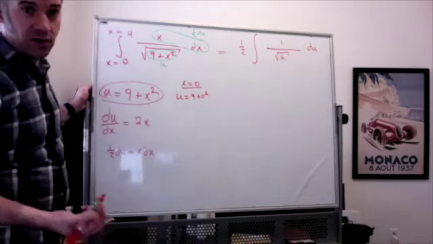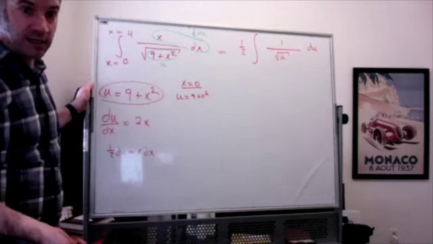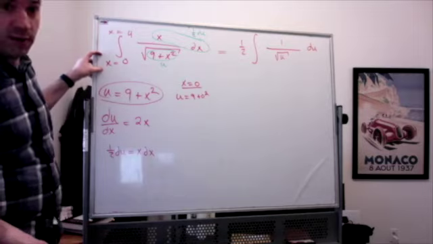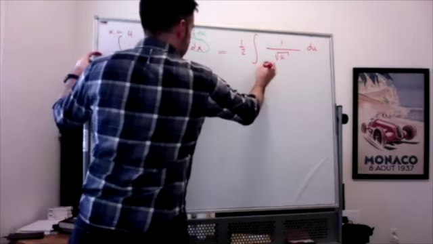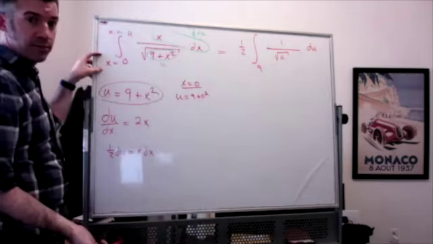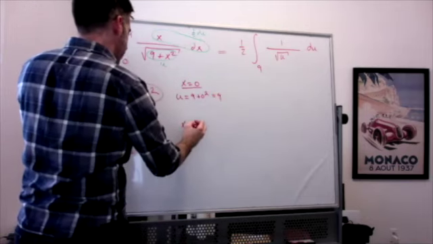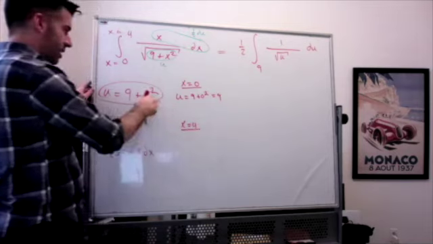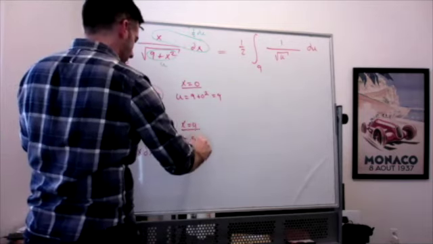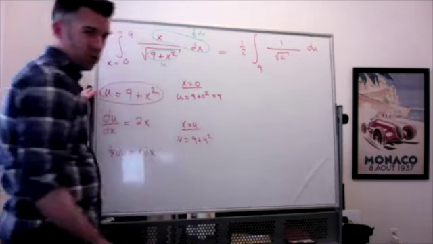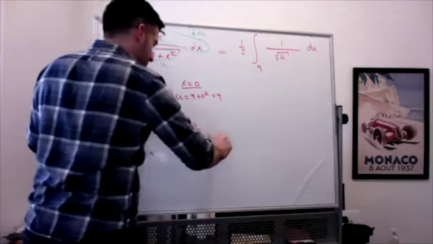So when x equals 0, u equals 9. And then you have to match places, meaning since x equals 0 is in the bottom, u equals 9 has to go in the bottom. And then x equals 4, plug that in here, u is going to equal 9 plus 4 squared, which is 9 plus 16, which is 25.